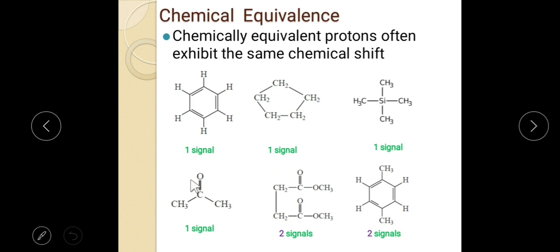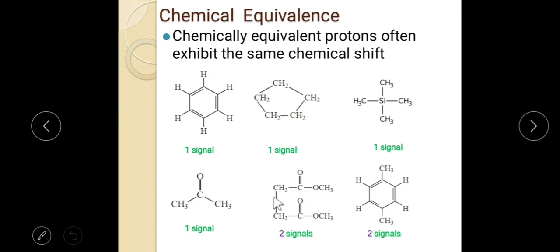Understood? Now in case of acetone, we have 2 methyl groups, but both are in the same chemical environment, that is CH3 is attached to CO and CH3 is attached to CO. Again this CO is attached to CH3 and this CO is attached to CH3. So the 2 methyl groups from acetone will show only one signal.